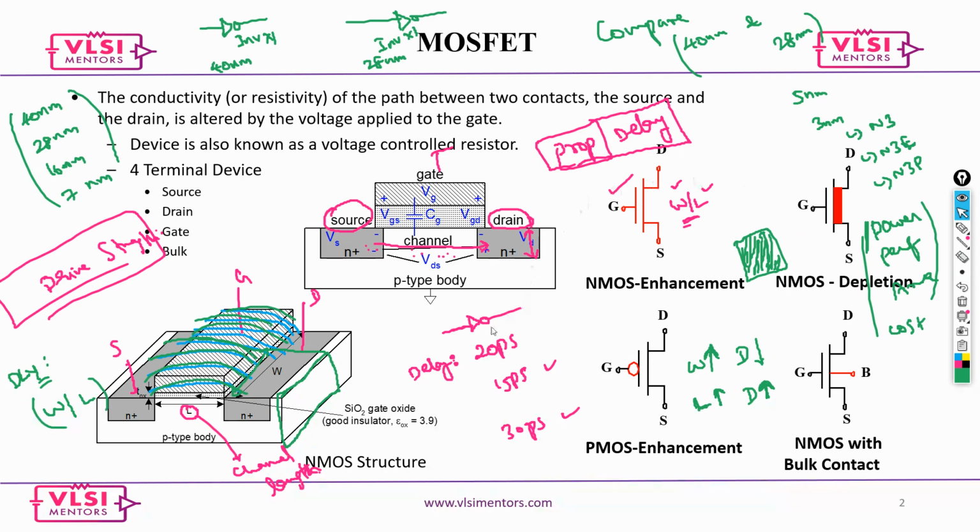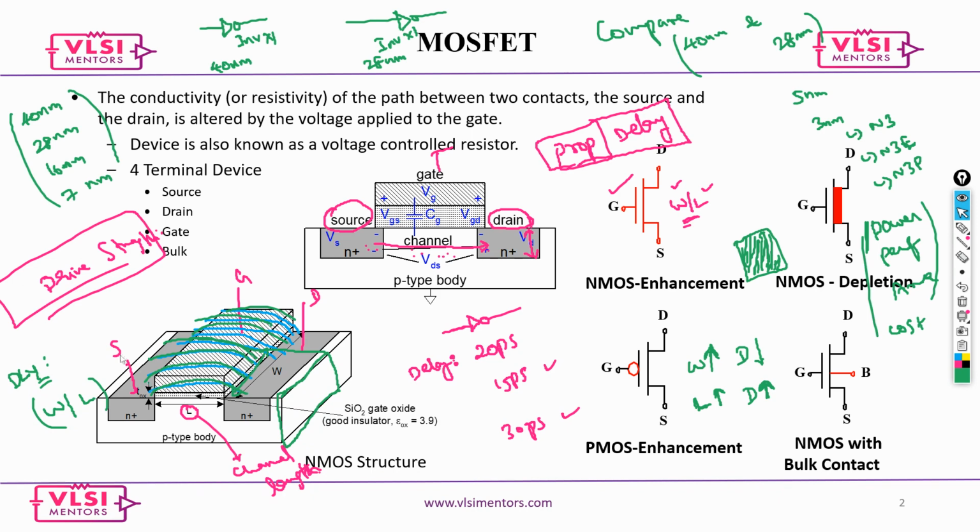Okay, so we have covered W, L, and the delay and all of that. Now we also have covered something on the drive strength part. What is that going to be in lower drive and what is it going to be in bigger drive?